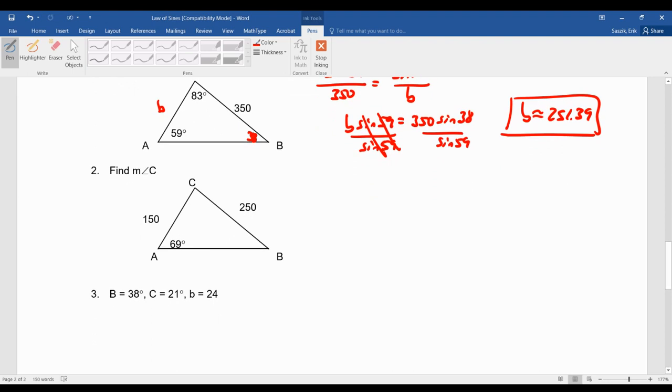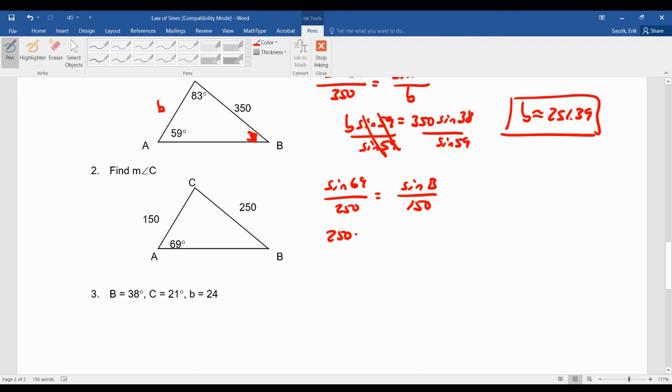Here, I'm asked to find the measure of angle C. So what am I going to do here? Well, I can't find it right away. I'm going to do sine of 69 over 250 equals, I have to work with the sine of B first because I know the 150 across.